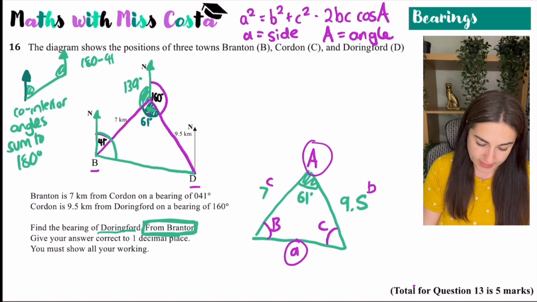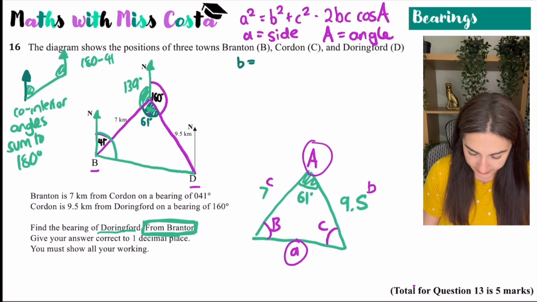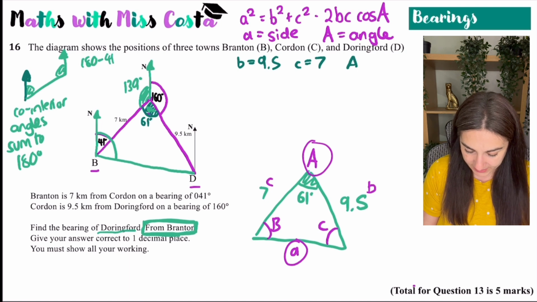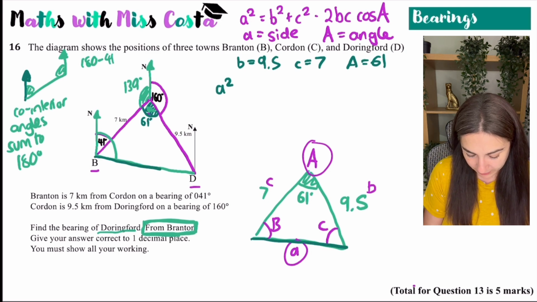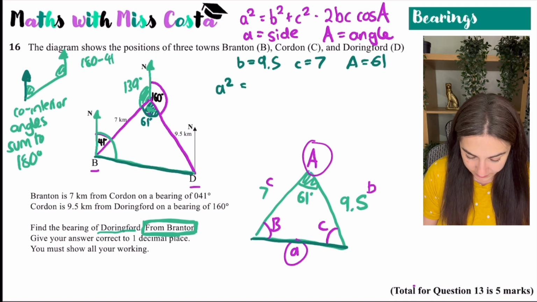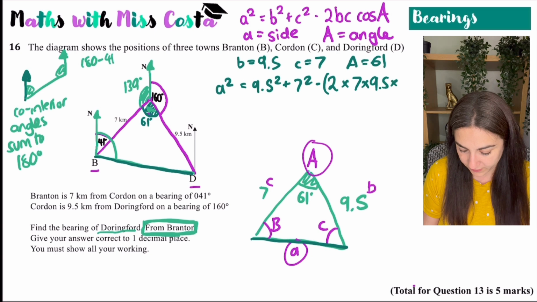So I know that b is 9.5, c is 7, and big A is 61. To work out the length of this side here, which is what my bearing of BD is on, I would do 9.5 squared plus 7 squared, take away 2 times 7 times 9.5 times cos 61.